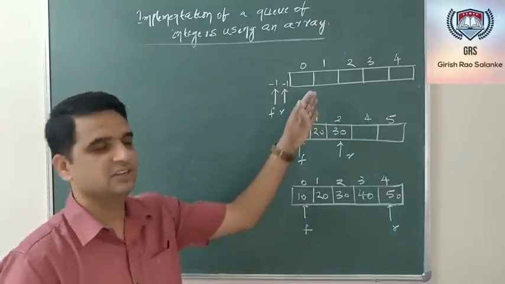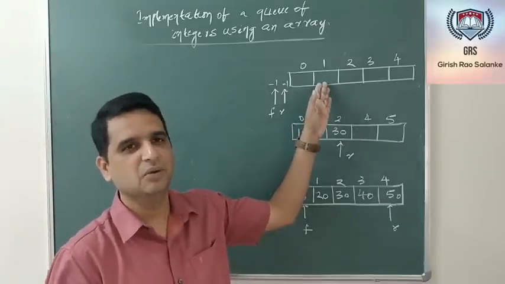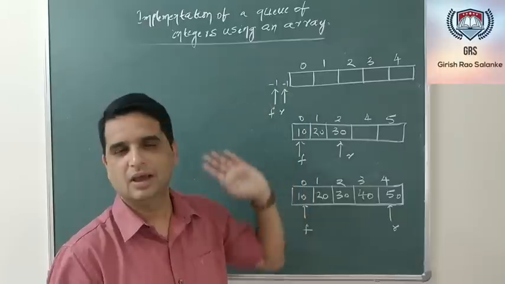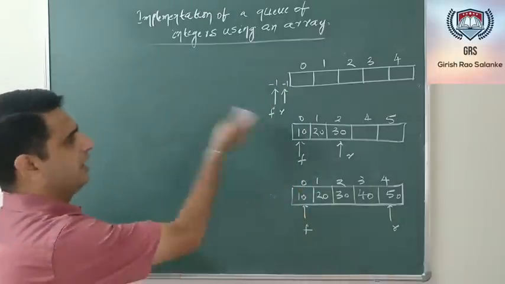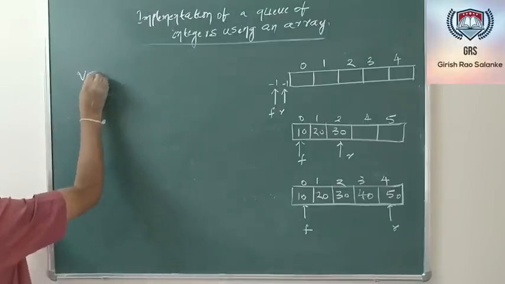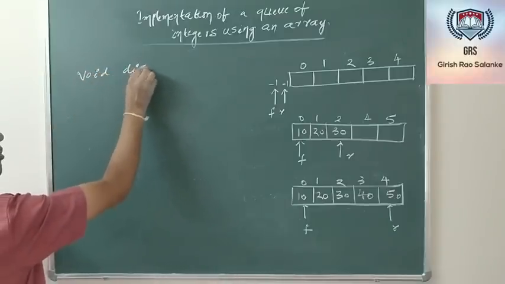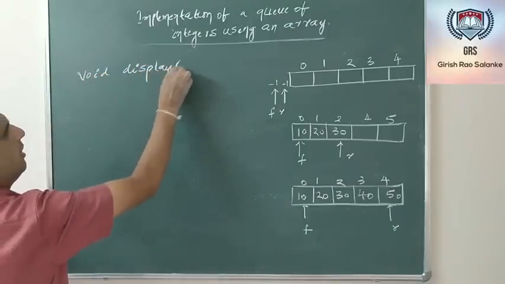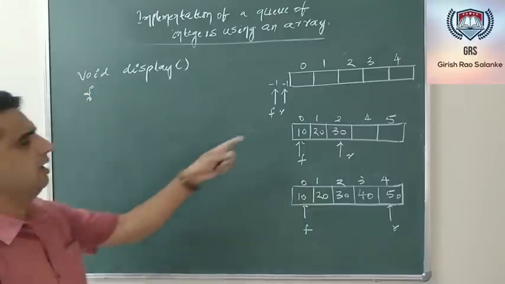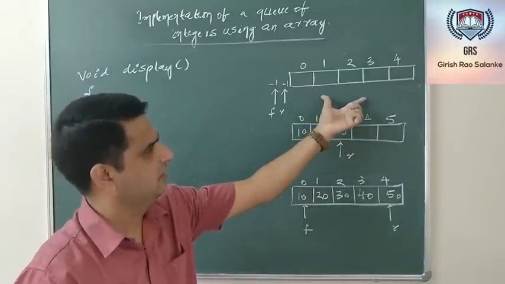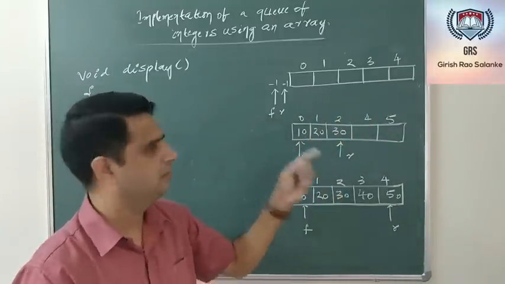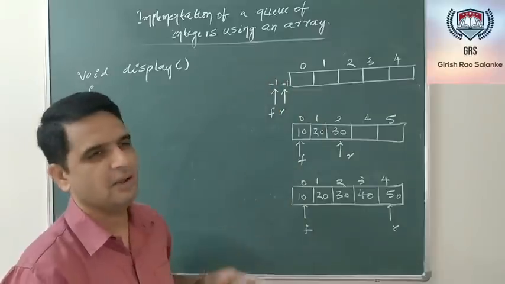Now if you see the first instance, if there are no elements in the queue, it is not possible to perform the display operation. So what we'll do, we'll directly come up with the function void display. So first I will write for this condition. If Q is empty, how to denote Q as empty? I'll just check if front is having a value of -1.